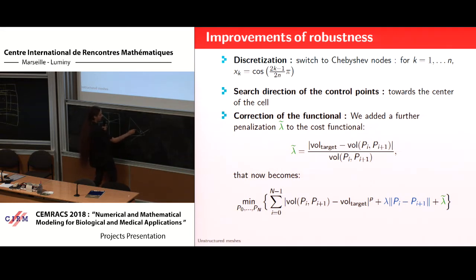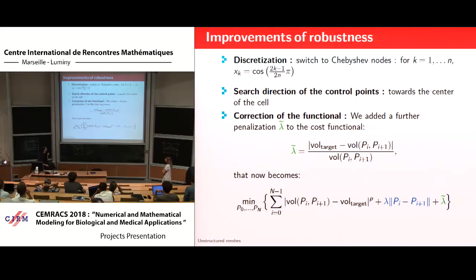So it seems to be better to search in this direction. But when you have too small an area between your interface and the internal curve, we still have the same problem.